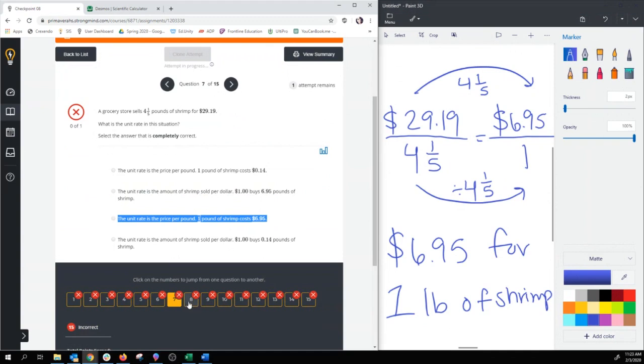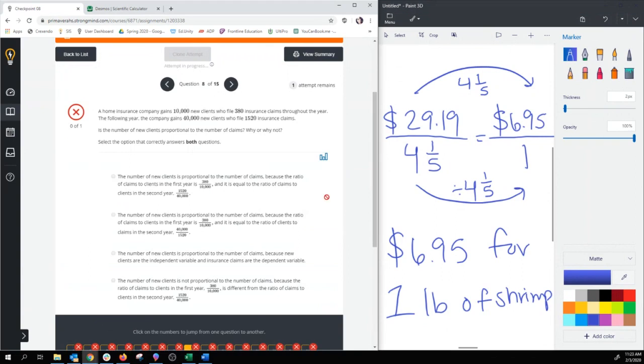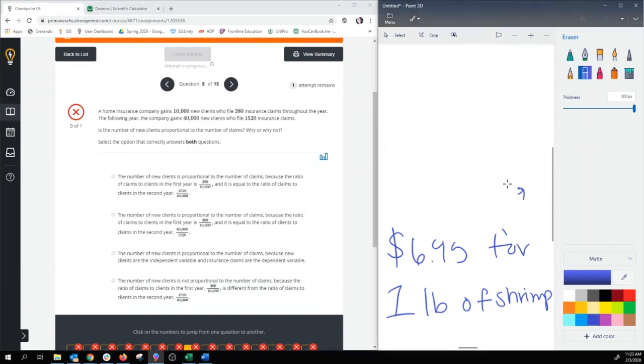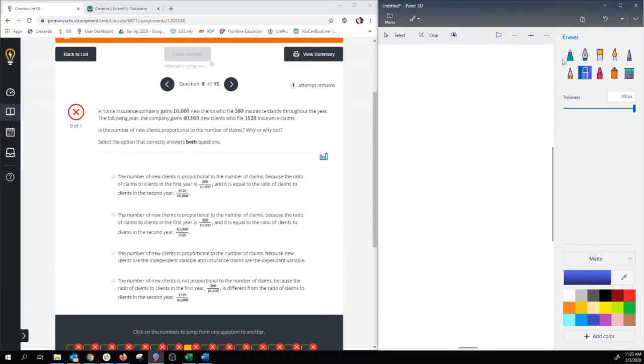All right. Next one. A home insurance company gains 10,000 new clients who file 380 insurance claims throughout the year. The following year, the company gains 40,000 new clients who file 1,520 insurance claims.